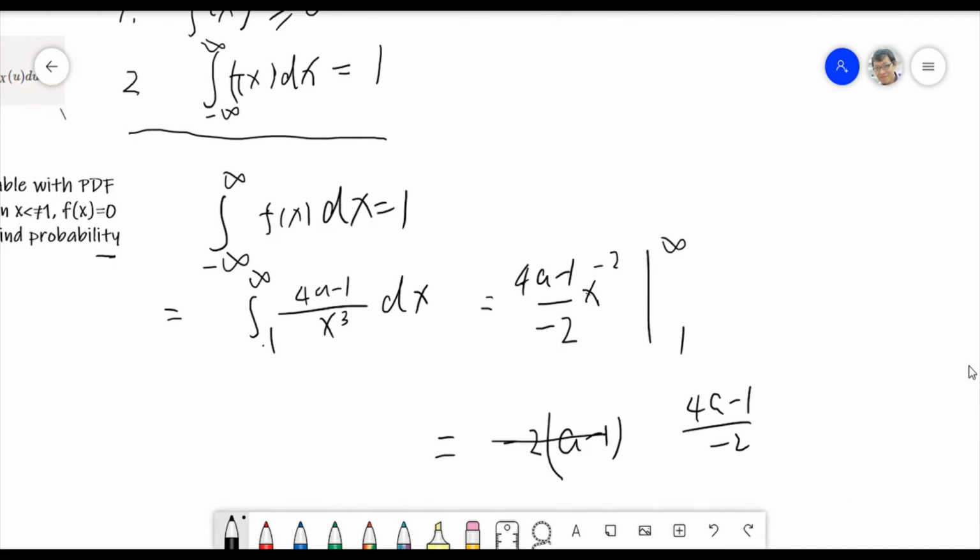Because they are the same, inside will be x to the negative 2. When x equals the maximum, minus x to the negative 2 when x equals 1. Am I right?